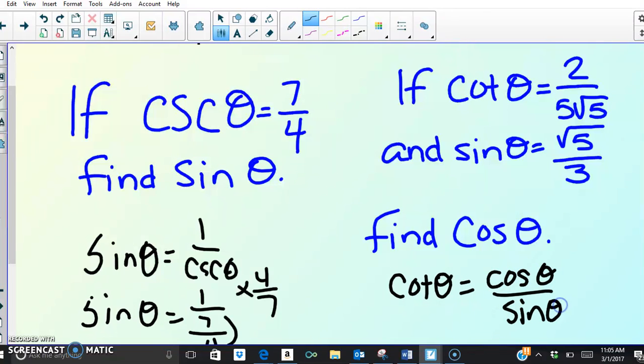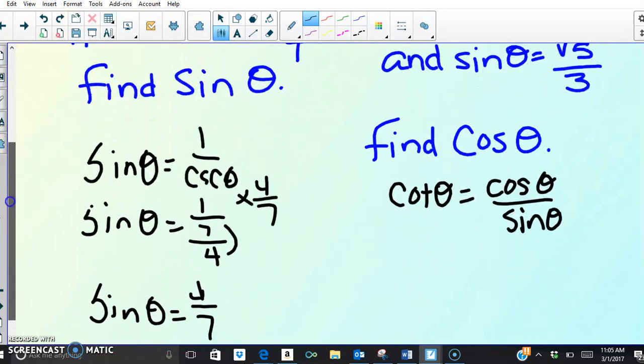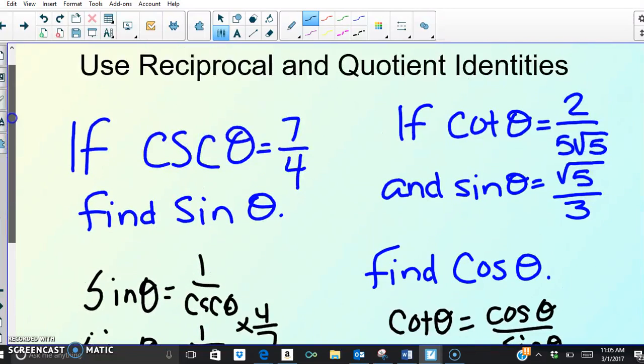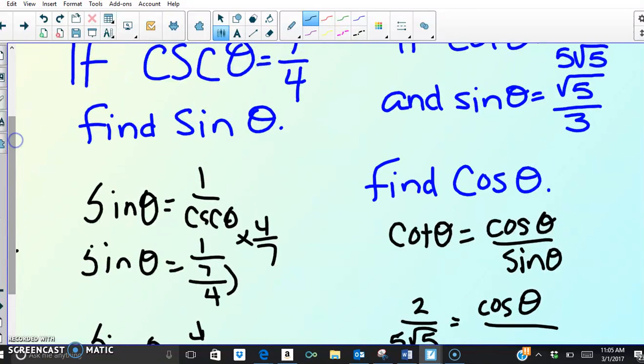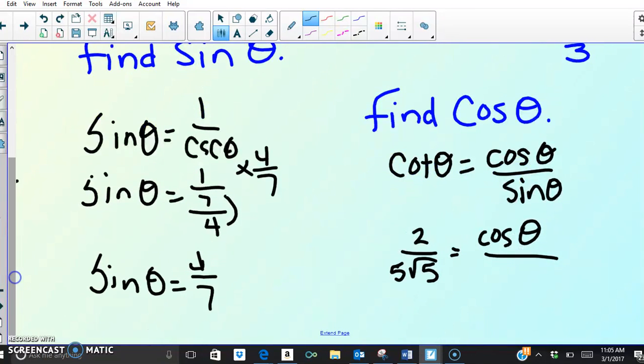Now we're just going to plug in what we know. We know cotangent is 2 over 5 radical 5. We don't know cosine theta because that's what we're looking for. And sine theta equals radical 5 over 3.